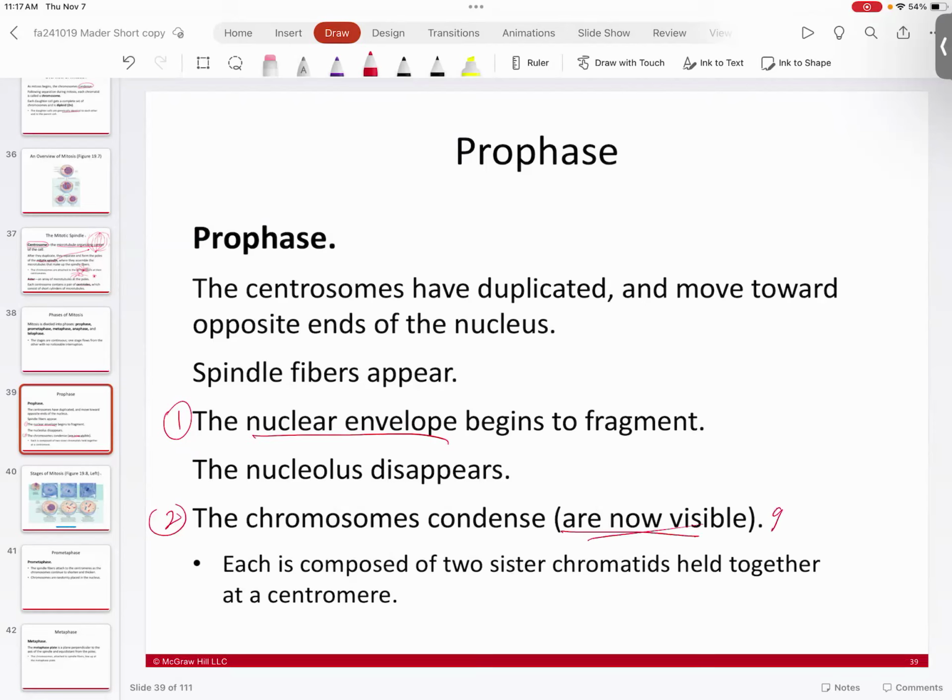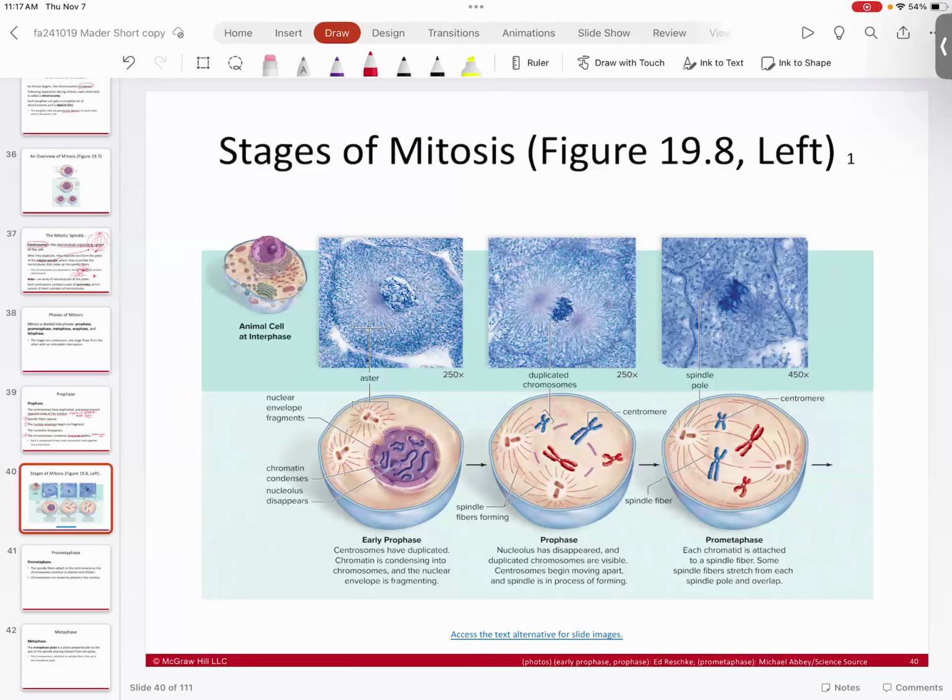They kind of look like gummy worms at this stage, thick and short. Your spindle fibers appear, and you get migration of the spindles to the antipolar position. So these are all events that happen in prophase.